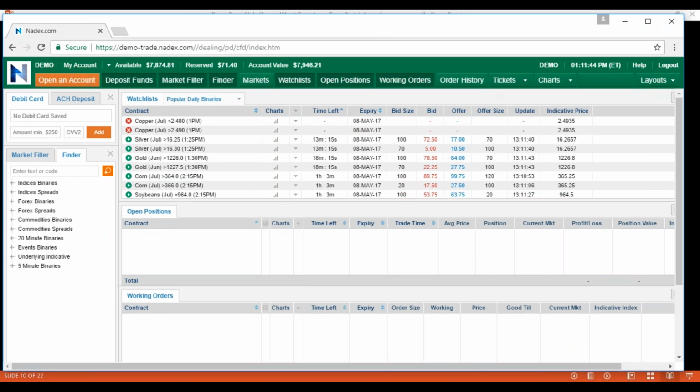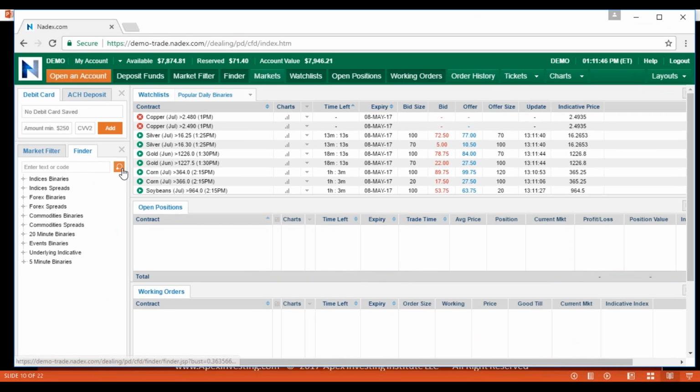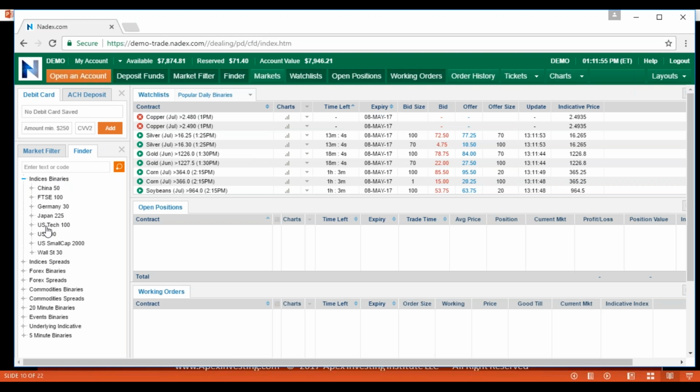So if we hop over to the Nadex demo platform here, you see right here, you've got indice binaries, indice spreads. Well, what is that? These are stock indices. Down here, these bottom four, US Tech 100, US 500, Small Cap, Wall Street, are the four major US indices: the NASDAQ, the S&P, the Russell, and the Dow.